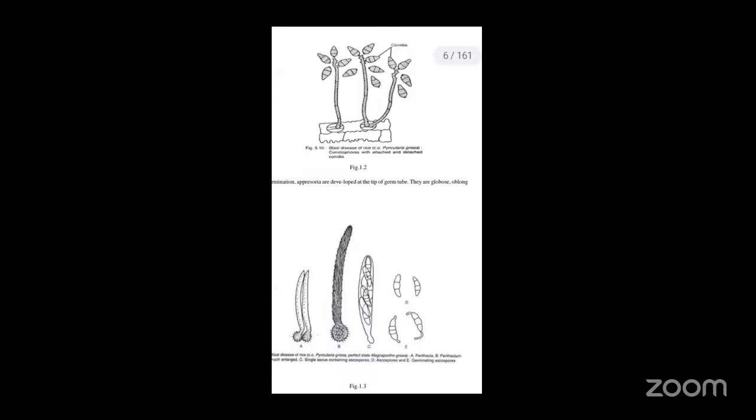This is the life cycle of blast disease. The rice blast fungus develops on the leaf, stem, nodal and panicle parts, and foliar infection is mainly caused by the attachment of conidia to the rice leaf cuticle.